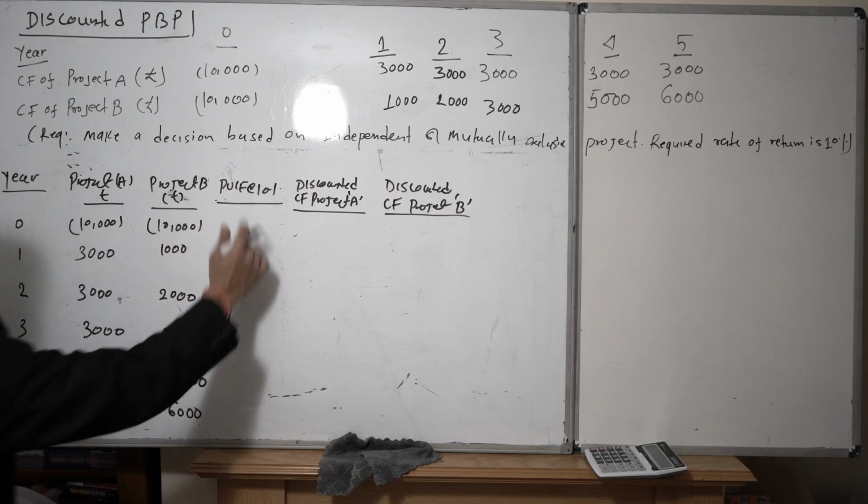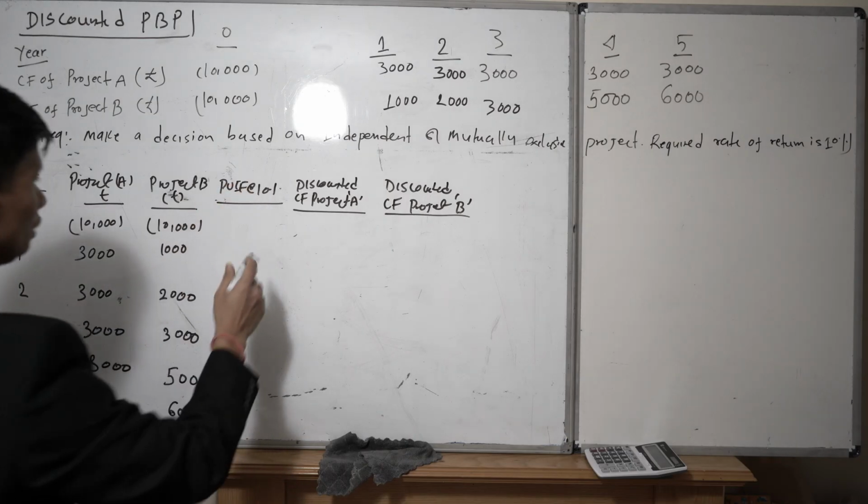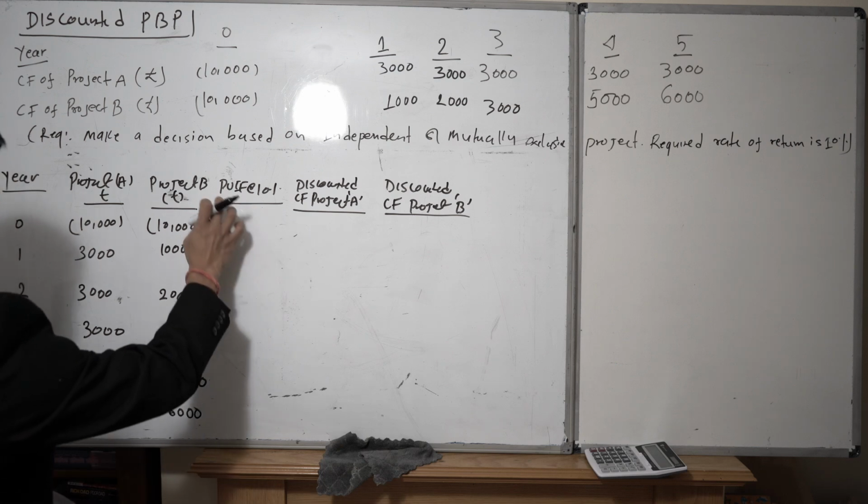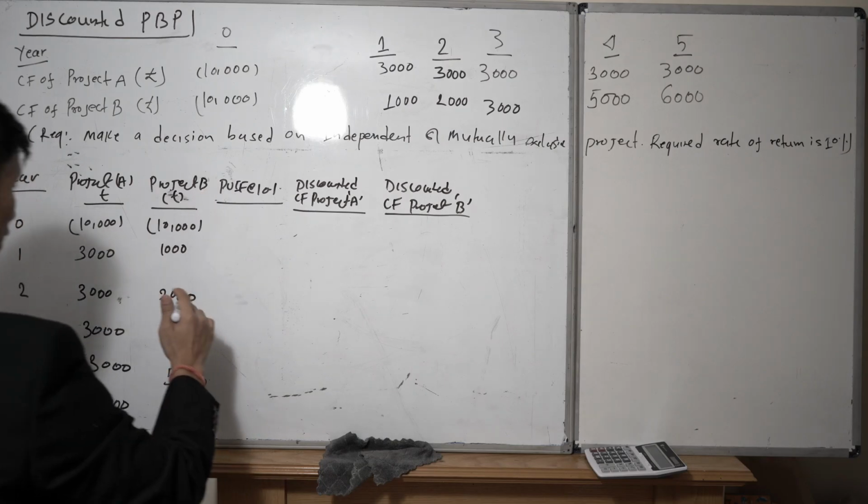Then in this column, we need to have a look at the present value interest factor at 10%.